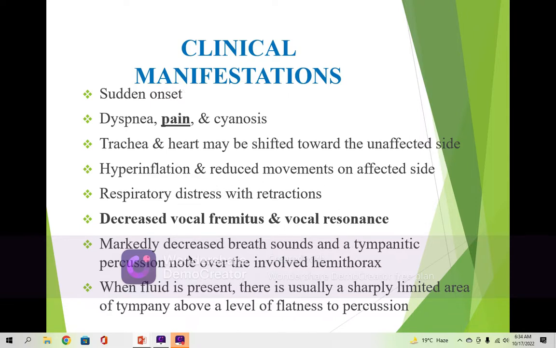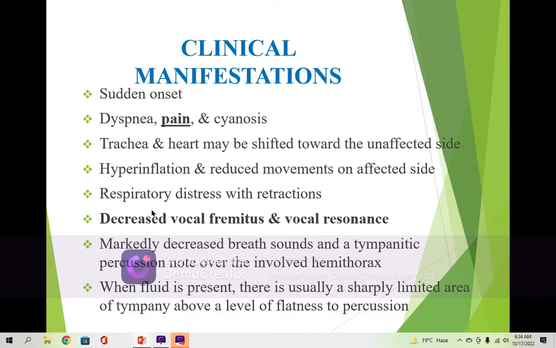So clinically, we examine this patient. The patient is in pain and the respiratory rate is more. In summary, the trachea may be shifted, and on the affected side you see that the movements are less and there is bulging of part of the hemithorax, and you will also find tenderness on that area.